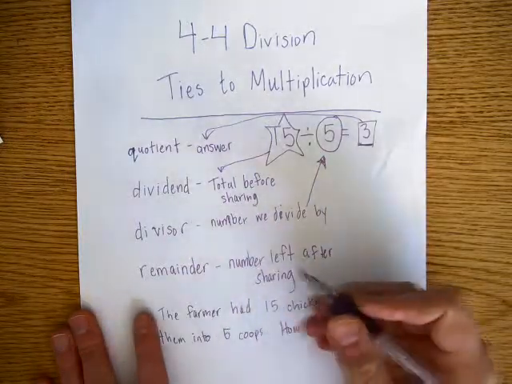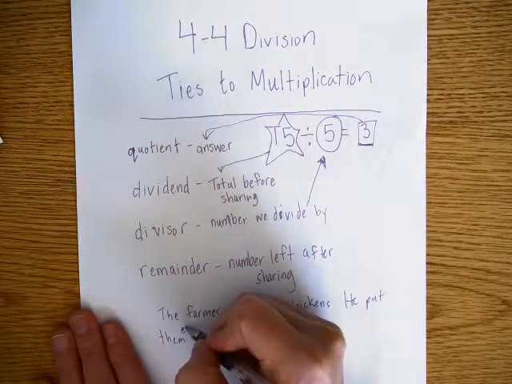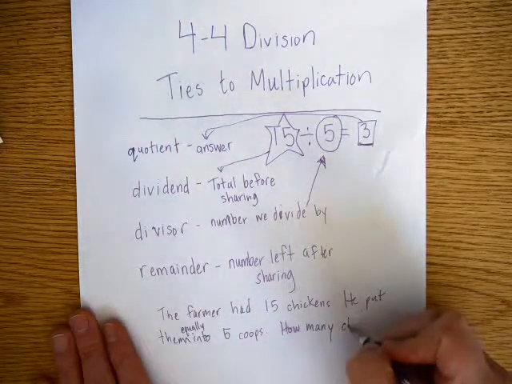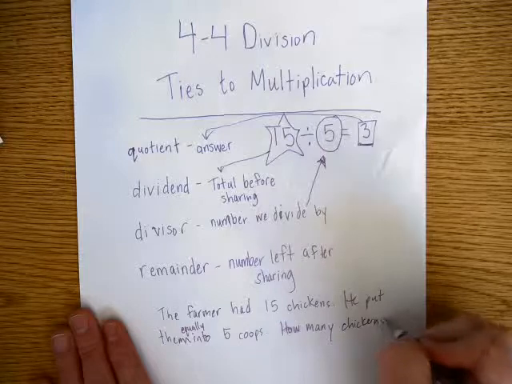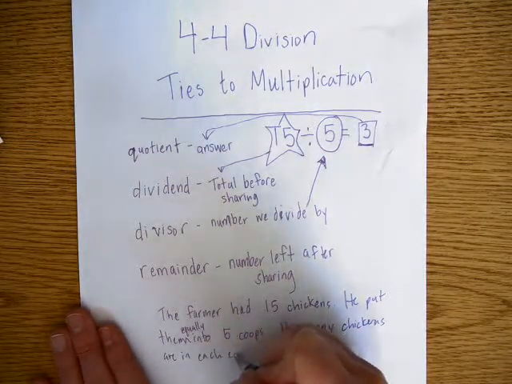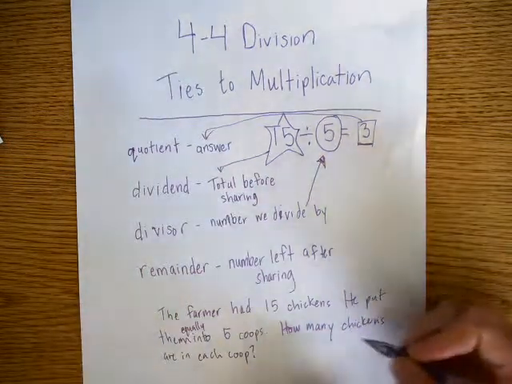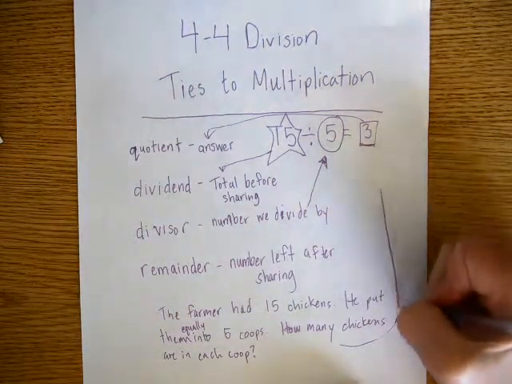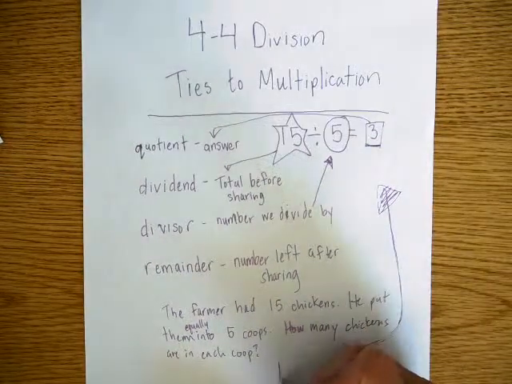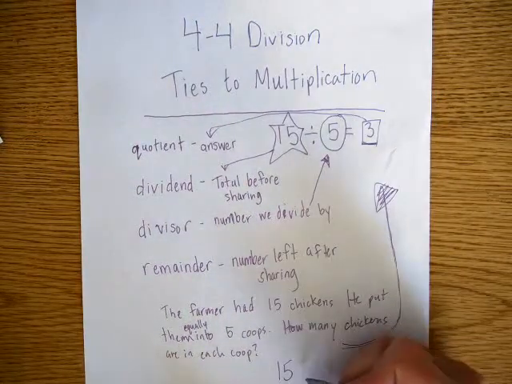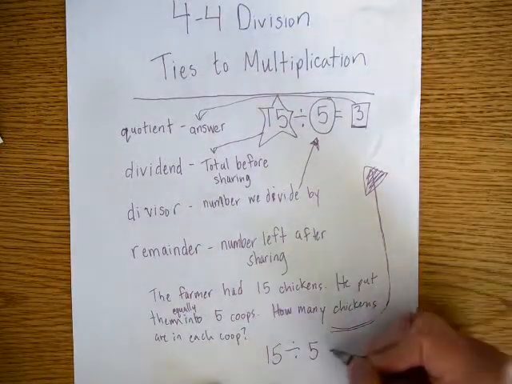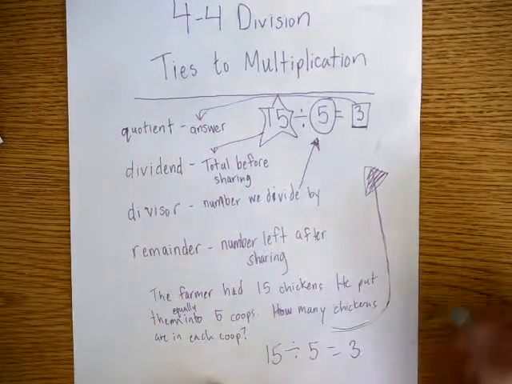He divided them equally into 5 coops. How many chickens are in each coop? This would be a great number model for that number story: 15 divided by 5, because we have 15 total chickens, divided by 5 coops, equals 3 chickens per coop.